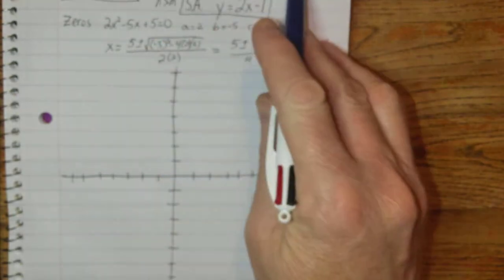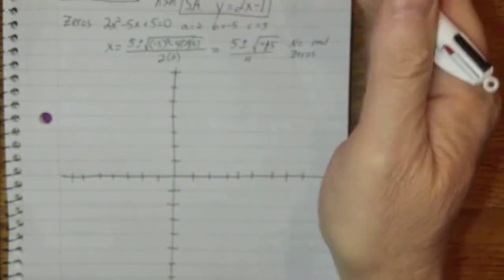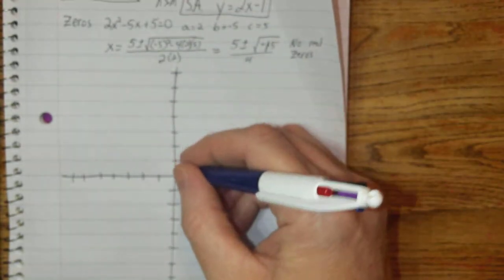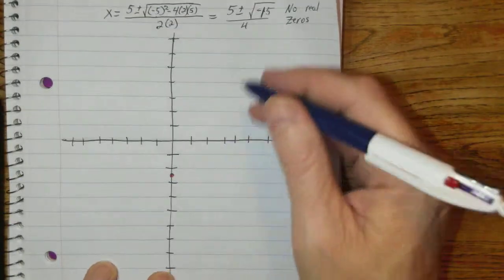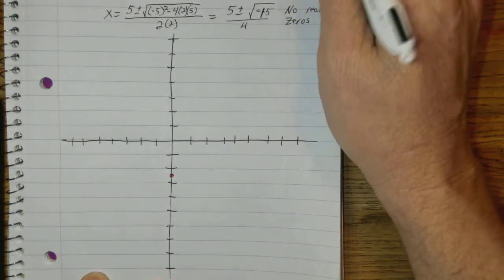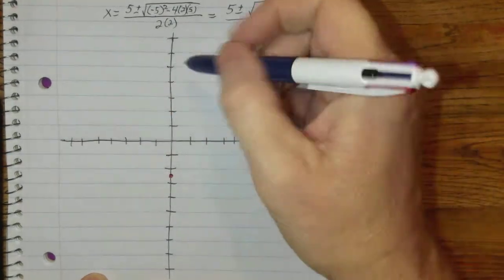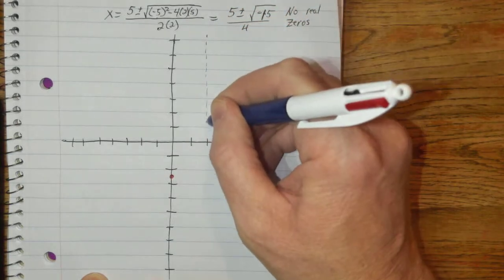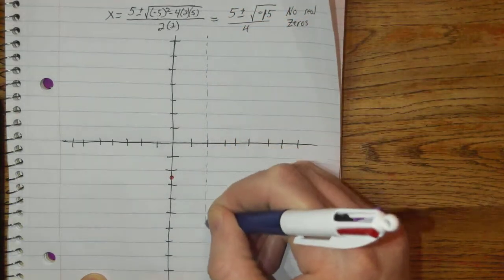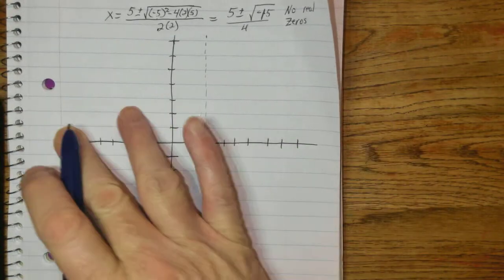There are no holes. The y-intercept is at negative 2.5, so we're going to hit this point right here. The vertical asymptote is at x equals 2. Alright. We are not going to touch the x-axis.